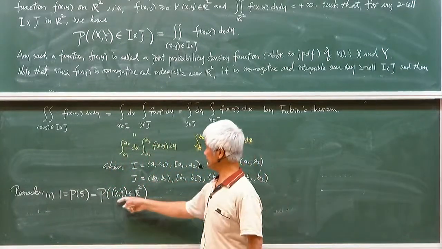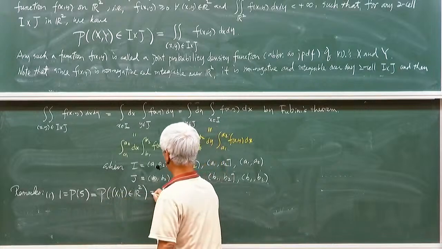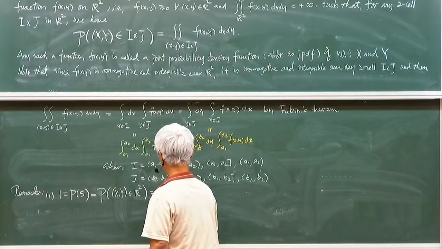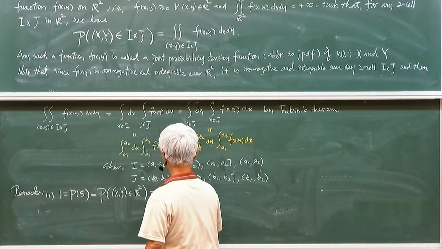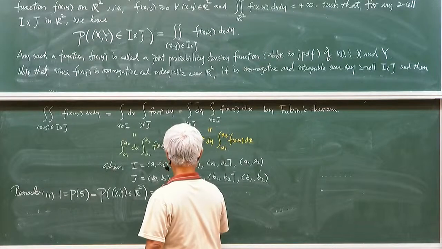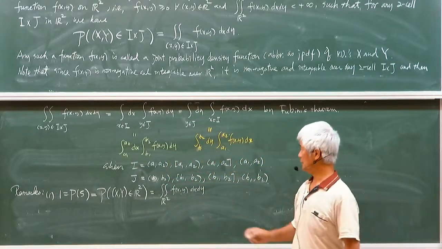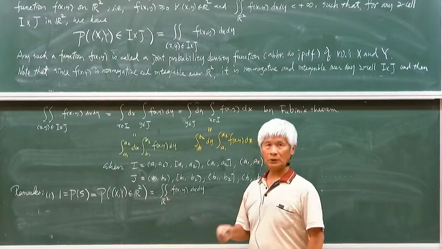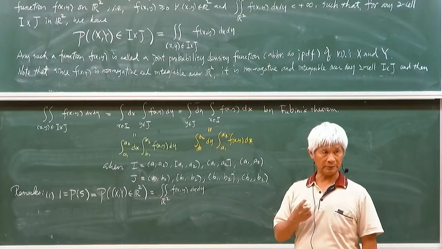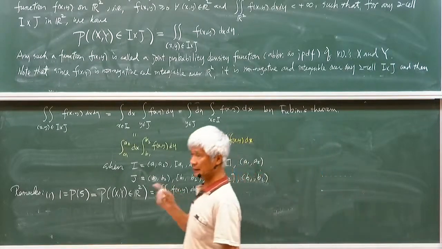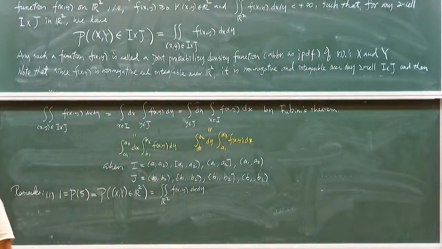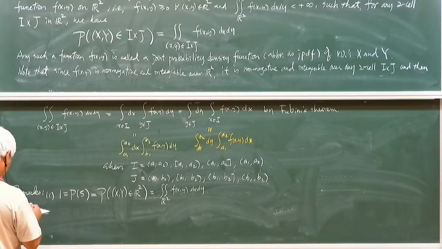This event is just the total event. So the double integral of any joint PDF over the whole real plane should be equal to 1. This is a necessary condition for a joint PDF.